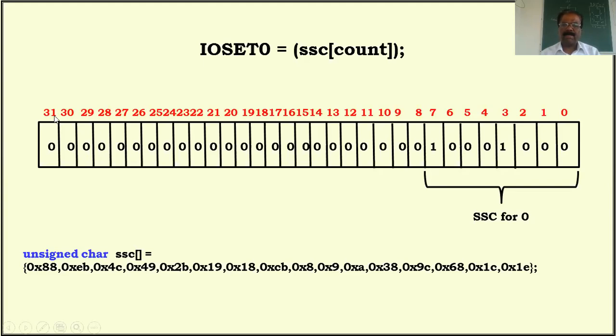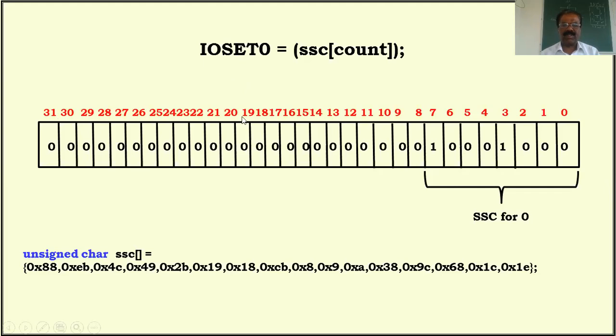Now we have to write appropriate data to IO set to make it high. If you want to make any line high, then we have to go for IO set. If you want to make it low, we have to go for IO clear. But if you put 0 here, no effect.